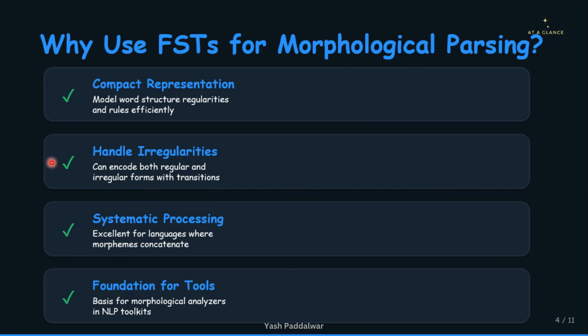Those examples we have seen in the previous video, right? It also helps in systematic processing, which is excellent for languages where morphemes concatenate, right? It acts as a foundation for tools. Most morphological analyzers in NLP toolkits are based on FSTs. So you need to remember all these things. Because of this, FSTs are majorly used in morphological parsing.